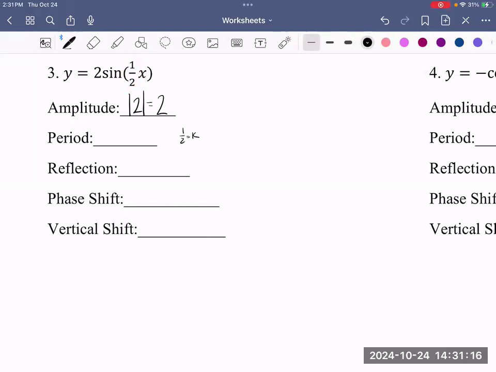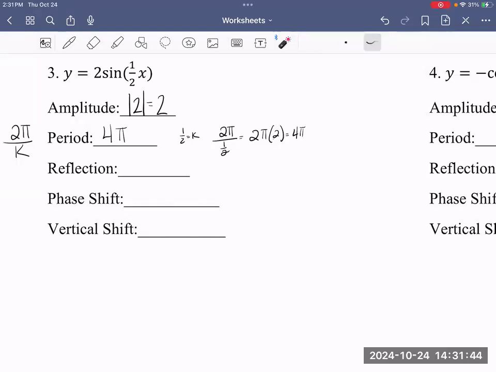Now to find your period, we typically say this is 2 pi and now over this k value. Our k is 1/2, so we're going to say 2 pi over 1/2 is now 2 pi times 2 over 1, or 4 pi. So now it is going to take an enormous amount of time for your sine graph to now complete a full rotation.